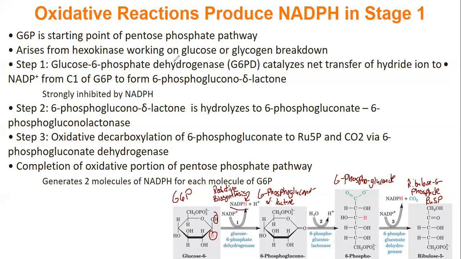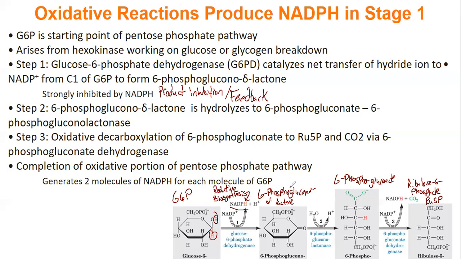Once we do the first step, there's no turning back from this pathway. So this is more or less product inhibition, or feedback. You'll also see this as product feedback, feedback inhibition, where the thing we make goes and actually turns off the enzyme that's making it.